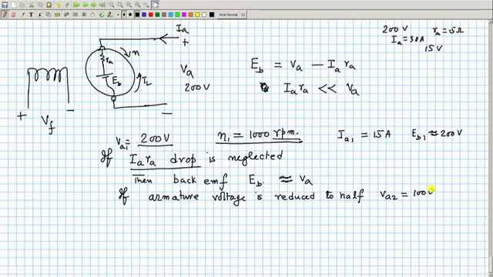Then what will be the new speed and what should be the new armature current? And I say that load torque constant. Then what I will say, EB1 is equal to 200 volt, I know. What is EB2? It has to be 100 volt, because IRA drop neglected, 100 volt.